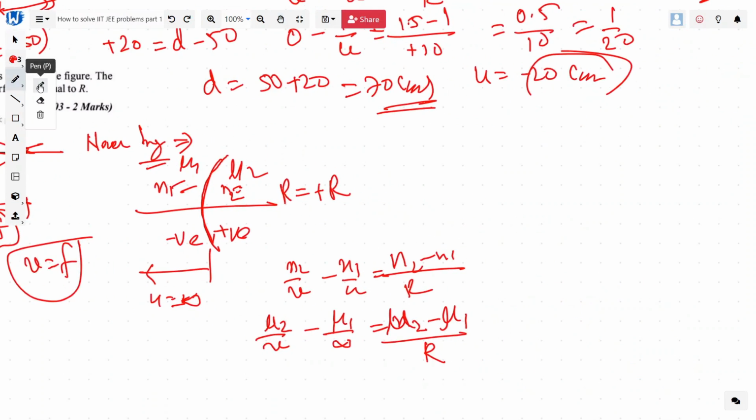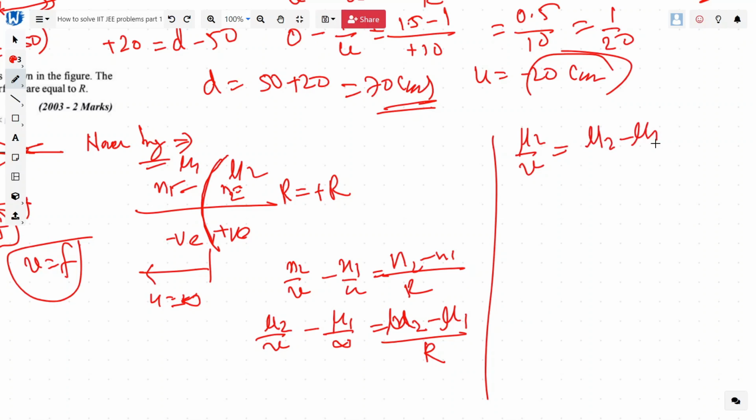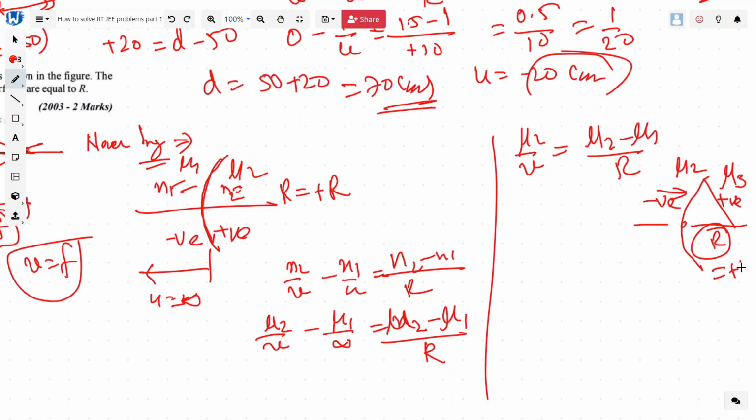Very simple. So now we have this equation which says that mu2 by v is equal to mu2 minus mu1 by r, because 1 by infinity is going to be 0. Now let's write down for surface number 2. Again, this time it is mu3, this is mu2. Ray of light will come like that, this is positive, this is negative. R is going to fall on this side, so R is again positive.